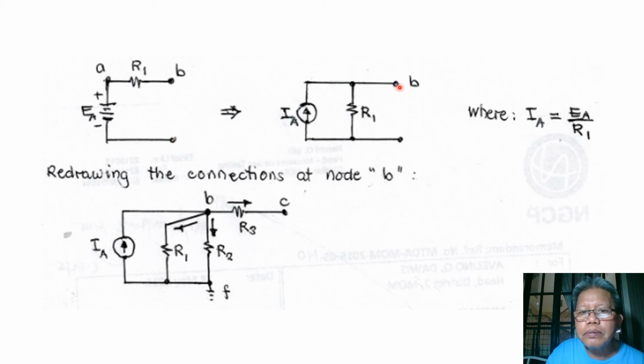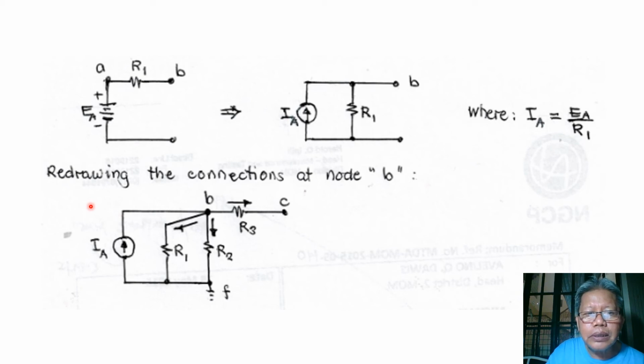So between B and F we have this current source parallel with R1, where of course our IA is equal to E sub A over R1.